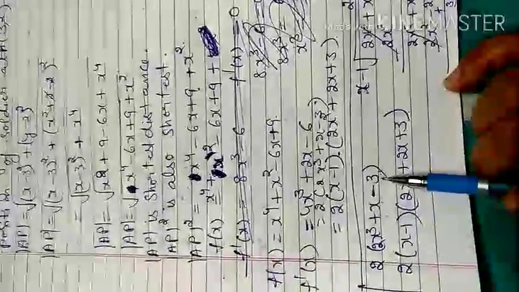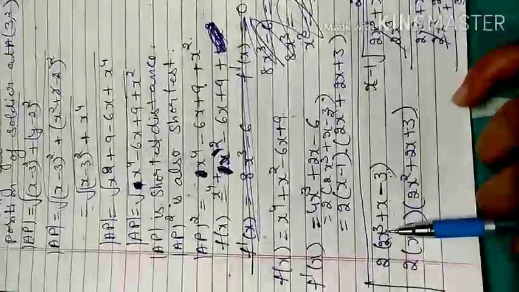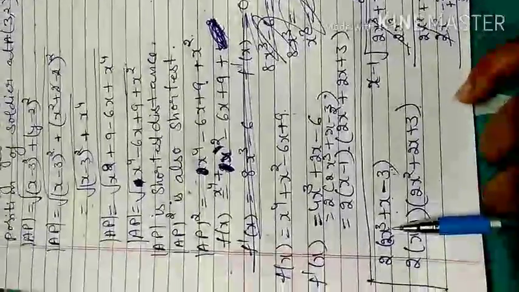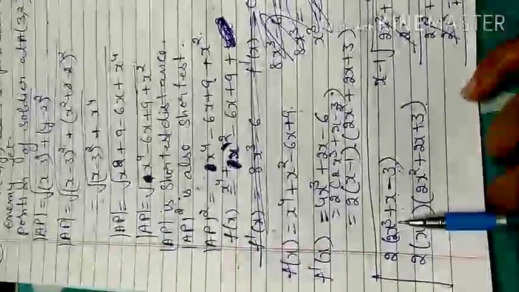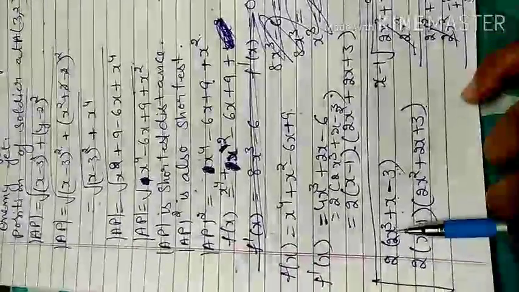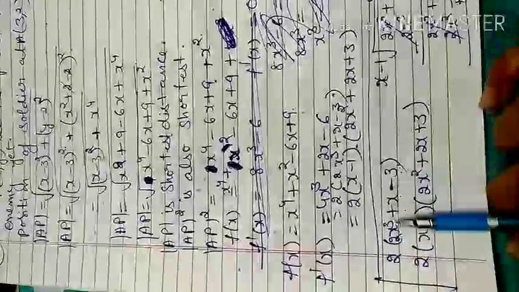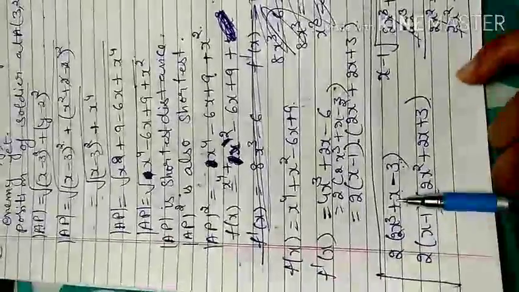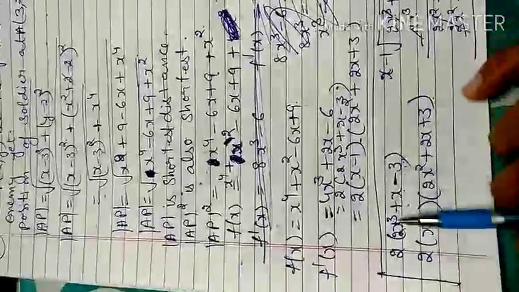This is not a quadratic equation, so we can't directly make the factors. So we think of a number which, substituted here, gives 0. If I start from 1: 2 plus 1 is 3, 3 minus 3 gives 0.